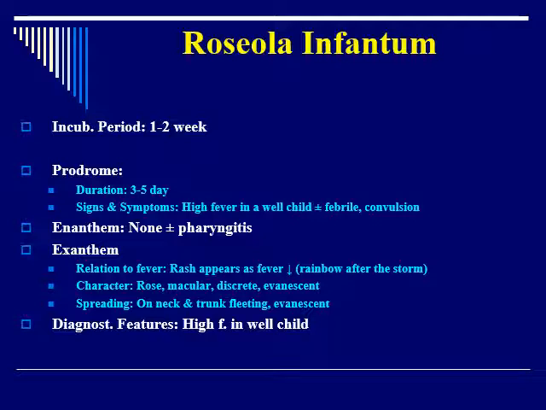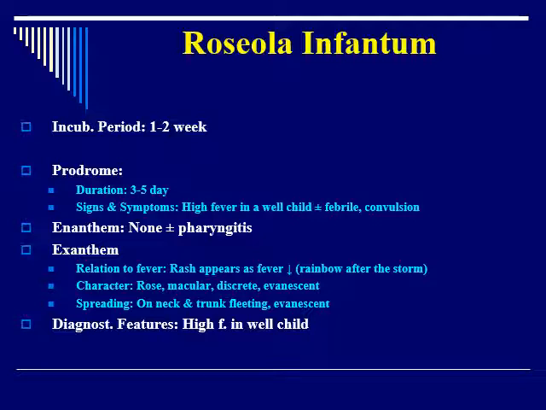What about the clinical manifestations of Roseola infantum? Roseola infantum has a characteristic clinical picture, so we can diagnose the disease on the basis of clinical manifestation. What about the prodromal stage?